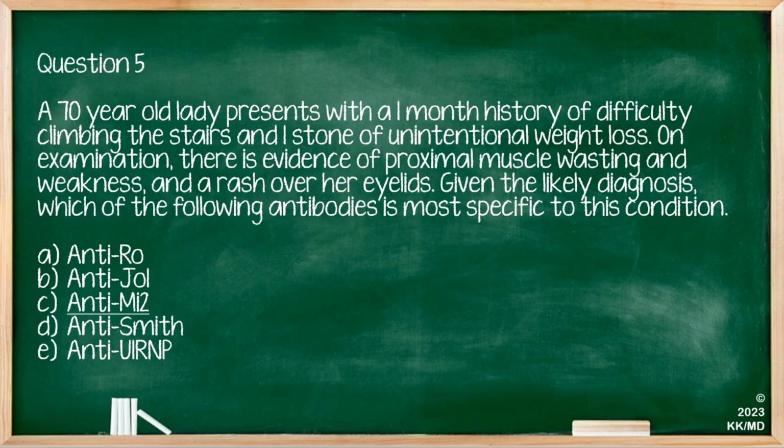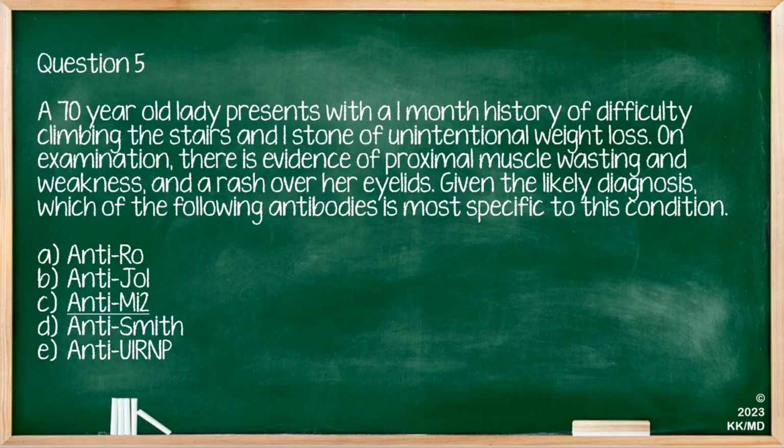To recap amongst the rest, anti-Ro is associated with Sjögren syndrome, and you will remember from our previous question that it's the antibody that's associated with neonatal heart block and bradycardia. Anti-Jo1 is the most specific antibody to polymyositis.